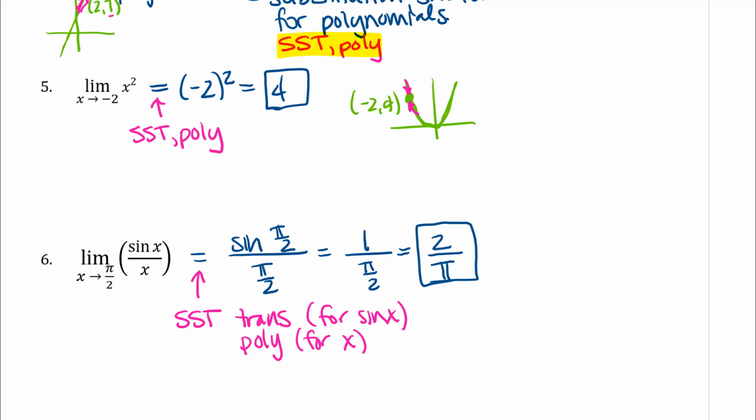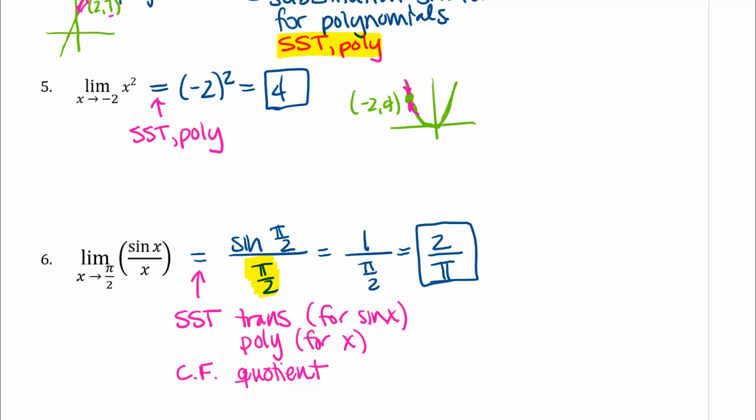And then I also used the theorem about combining functions. I'm going to abbreviate that as CF, and I used the quotient rule there. Remember that one important part of the theorem about combining functions with the quotient rule is that the denominator should not be 0. So notice here that our denominator was not 0, so we're good with that.